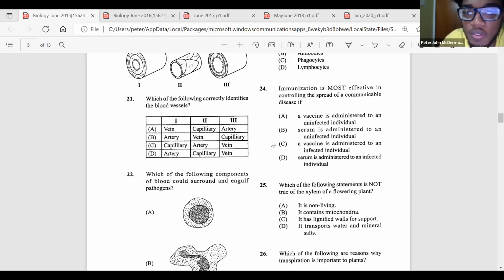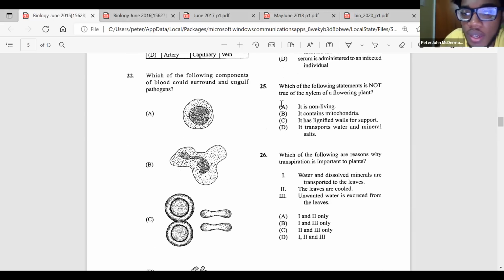No, we don't. Serum, that's just a word. But no, it's not serum, it's a vaccine. So if we're trying to control a communicable disease and we have a vaccine available, how we're going to control it is with a vaccine, right?